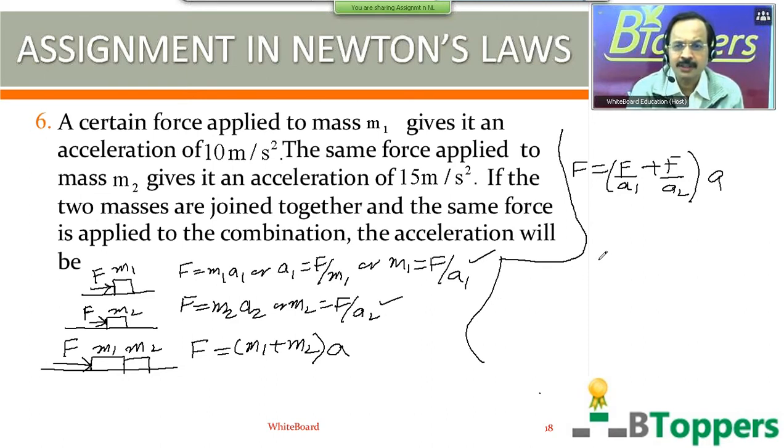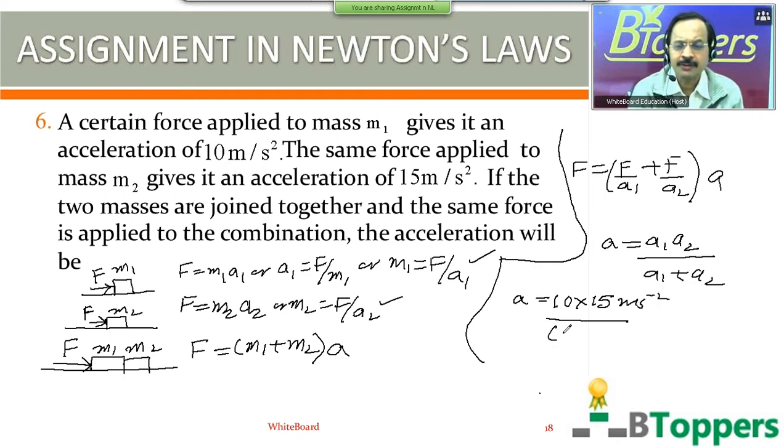If you simplify this yourself, you're supposed to get a equal to a1 a2 by a1 plus a2. Here all the accelerations are in the same direction in all the cases, I mean in the direction of the force. The magnitude of acceleration in the first case is 10 meters per second square. The magnitude of acceleration in the second case is 15 meters per second square.